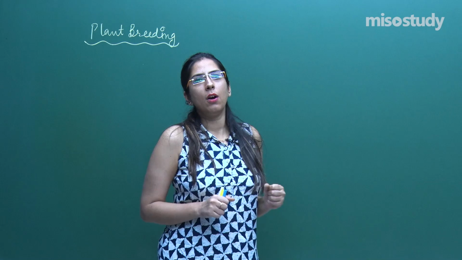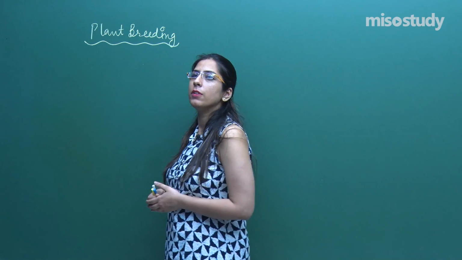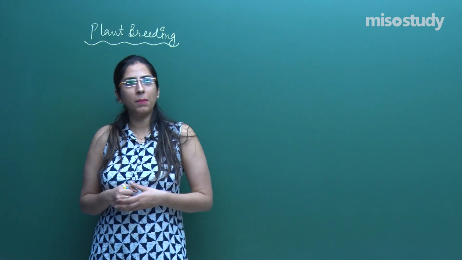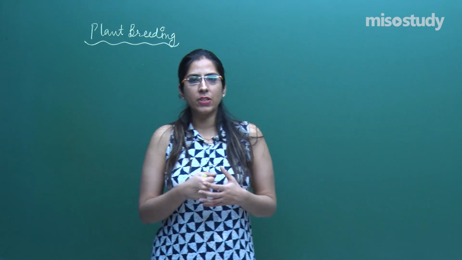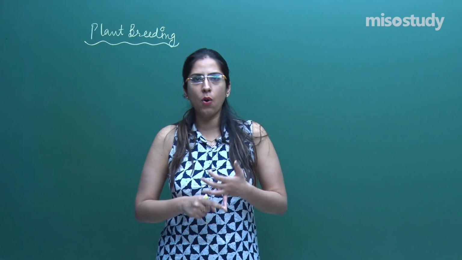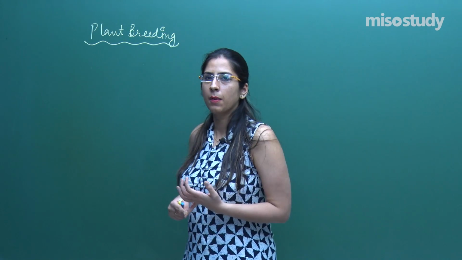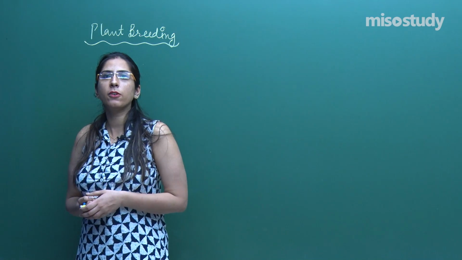With the introduction of plant tissue culture, biotechnology and molecular biology, a drastic change in the plant breeding system has been done. Because of these changes, we now have varieties which are resistant to pests, bacteria and mycoplasma.